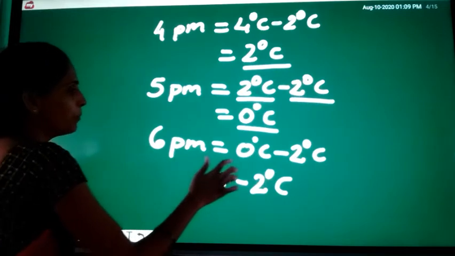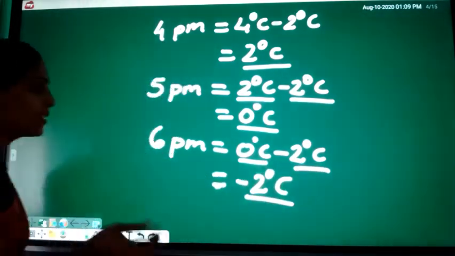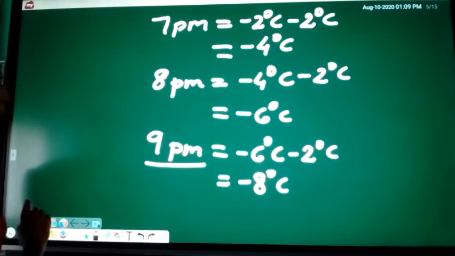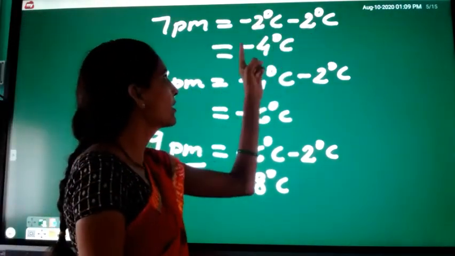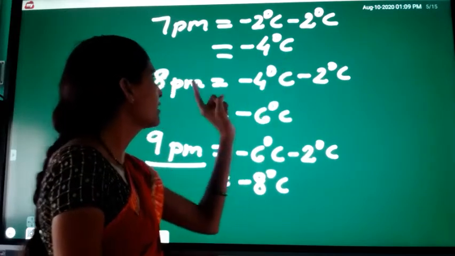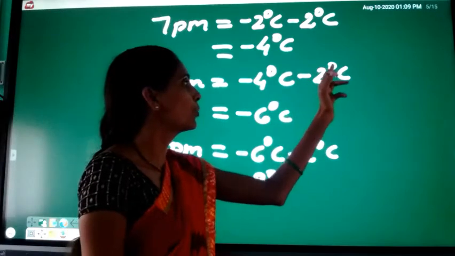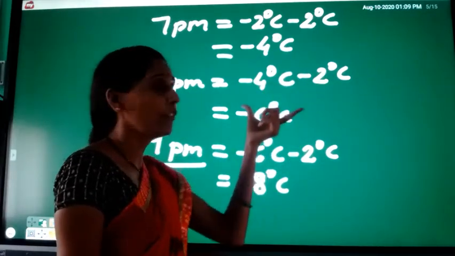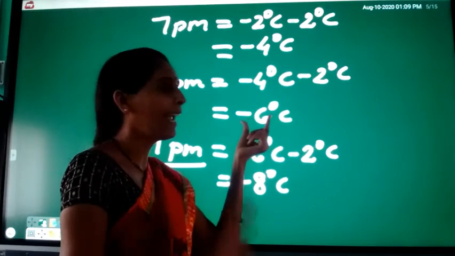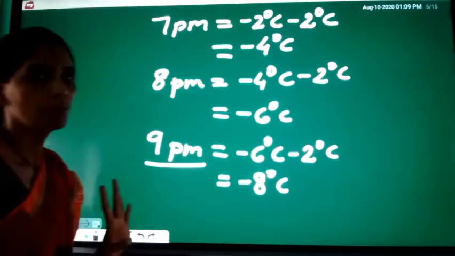At 6 p.m., 0 degrees Celsius minus 2 degrees Celsius means -2 degrees Celsius. At 7 p.m., -2 minus 2 means -4 degrees Celsius. At 8 p.m., -4 degrees Celsius minus 2 degrees Celsius, because both are negative integers here, we'll add and the sign will be negative.